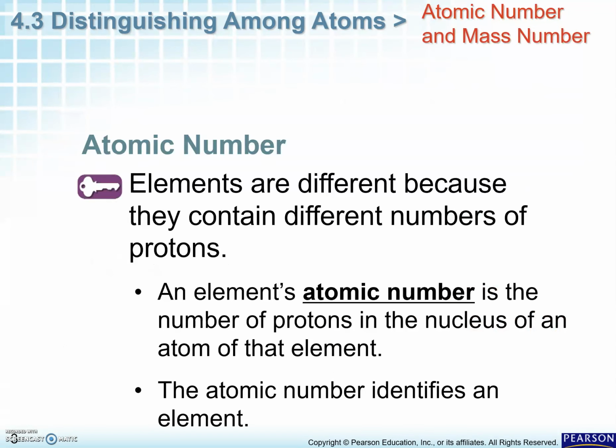With atoms, we use different things like atomic number. The atomic number is the number of protons in the nucleus of the atom. So remember, the atom has a nucleus, and then surrounding that are the electrons, and inside of this nucleus you have lots of positive protons. And that number differs based on what atom you're looking at.